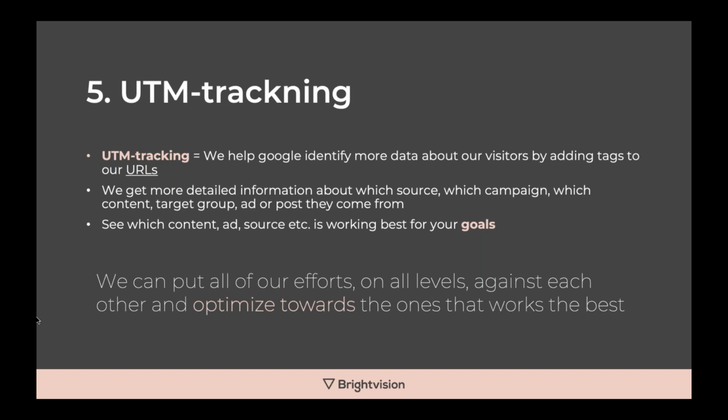UTM tracking is pretty simple. We add tags to our URLs. So we tell Google, with the help of tags, where our traffic is coming from, in terms of sources, campaigns, target groups, and ads. So we get more detailed information about which source, which campaign, which target group, ad, or post everyone comes from, and what works the best.